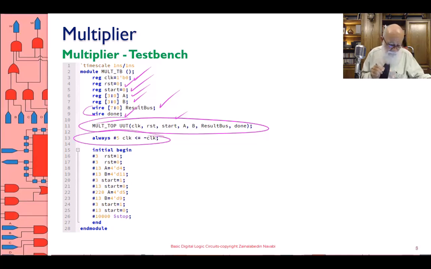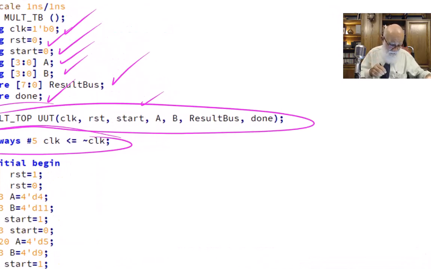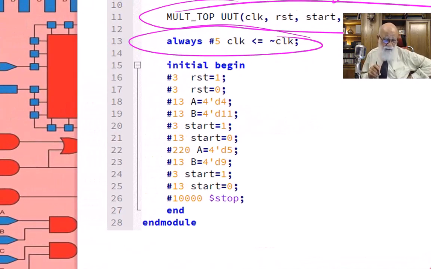This one, line 13, generates a clock every 5 nanoseconds. Starting line 15 to line 27 is an initial statement. In the initial statement, I'm resetting, putting something into A, putting something into B, starting, and ending.